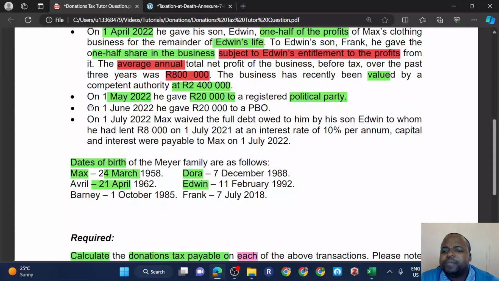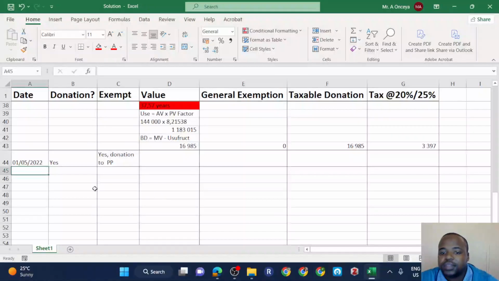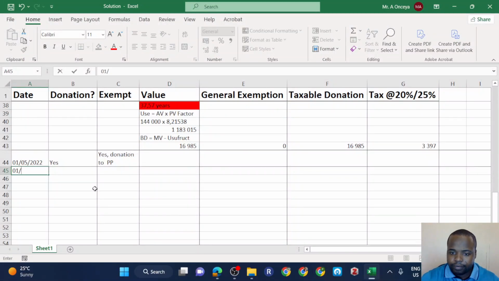And then on 1 July 2022, Max waived the full debt owed to him by his son. Oh wait, I skipped a bit there. On 1 June 2022, he gave 20,000 rands to a PBO. Again, we ask ourselves, it's 1 June 2022. Is this a donation?